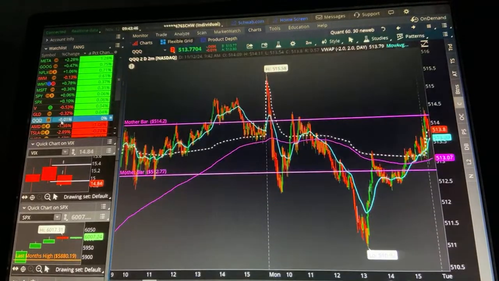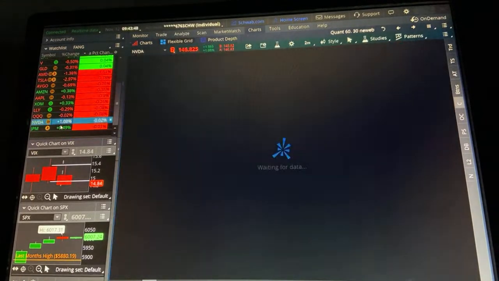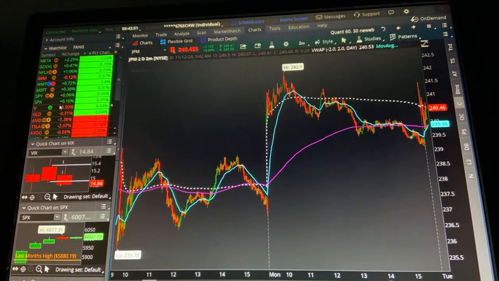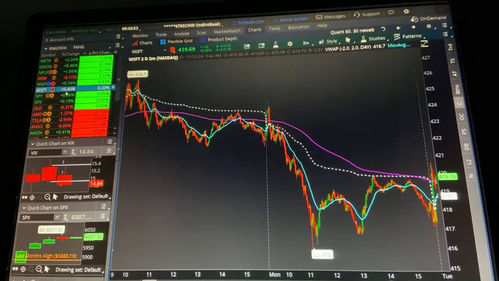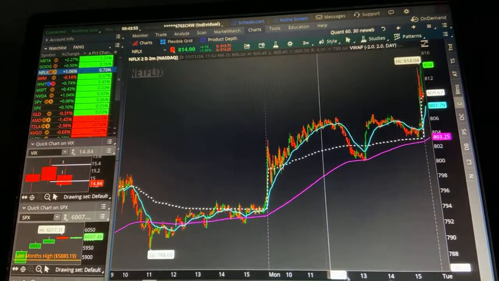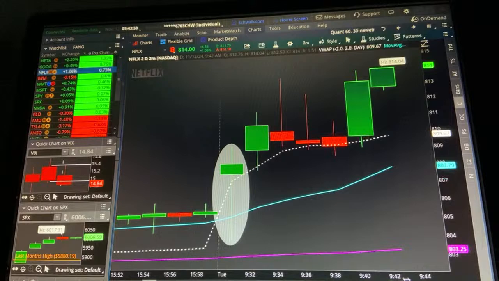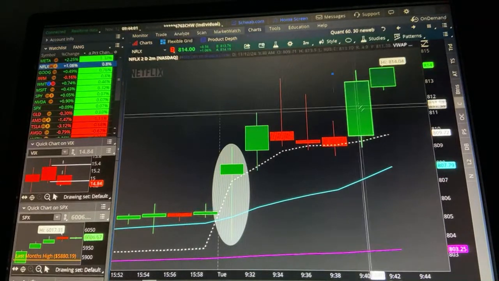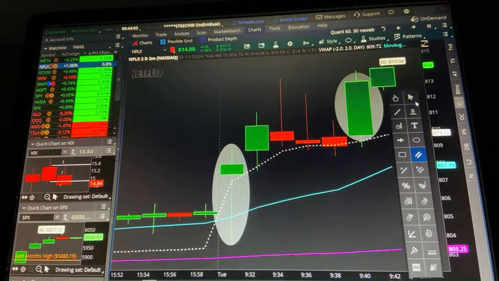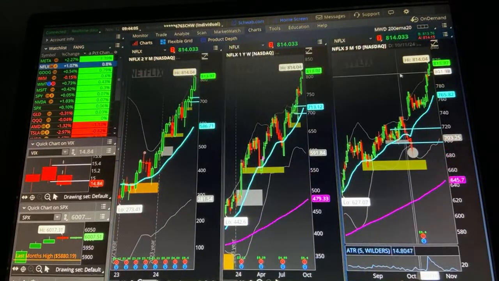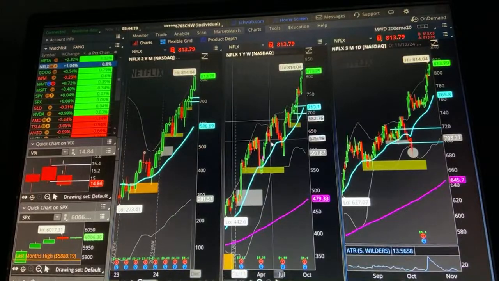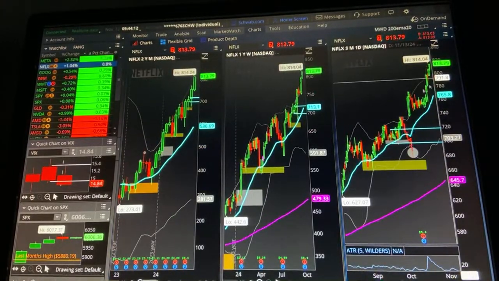Microsoft creeping. Netflix, somebody grab Netflix. It's in the abyss, all-time high. Damn. Netflix is certainly not chilling.